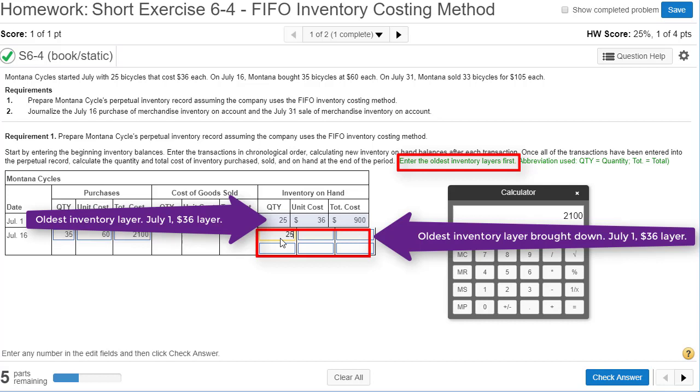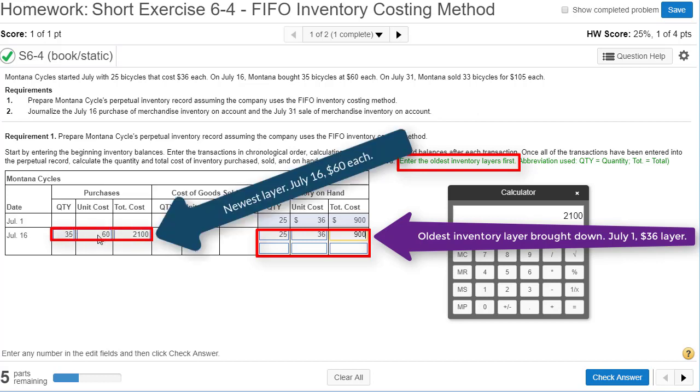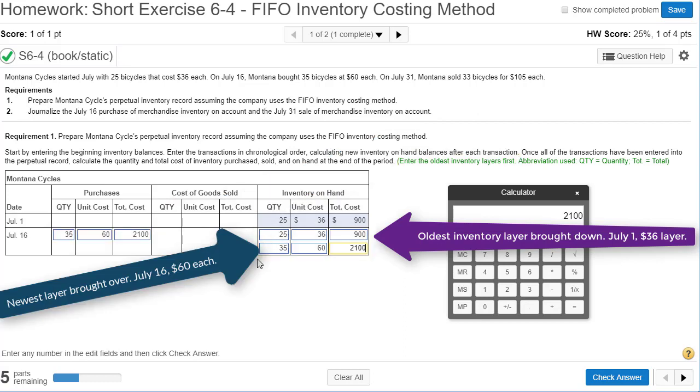So 25 times 36 gives us 900. Now we had to bring over the new layer of inventory, the $60 layer. So we're going to bring over the 35 quantity, $60 price per each, and the $2,100 total. So as of July 16th, they have two layers of inventory, a $36 layer and a $60 layer.